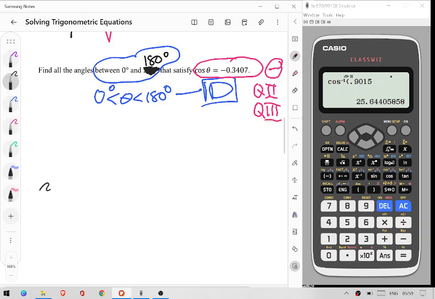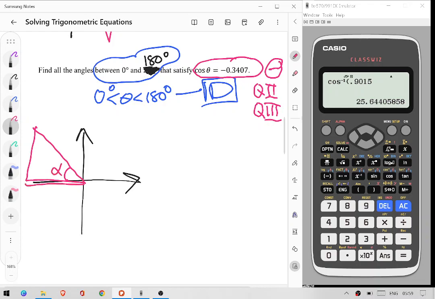So let's put the triangle. The second quadrant is over here, and this is the theta, and the third quadrant is over here, and this is the theta. Now let's take out our alpha. Not yet, I have not calculated alpha yet. Sorry.